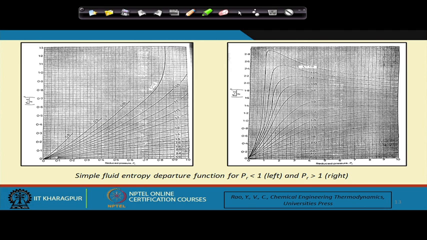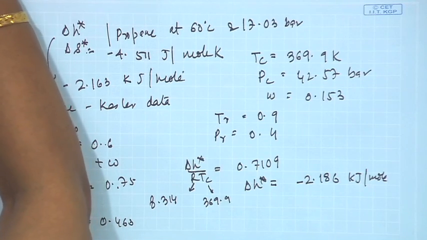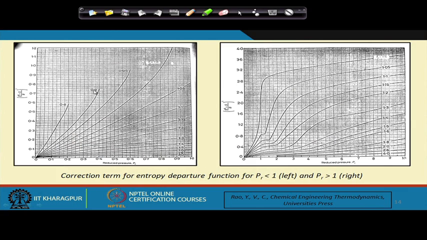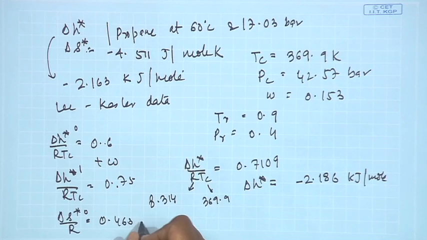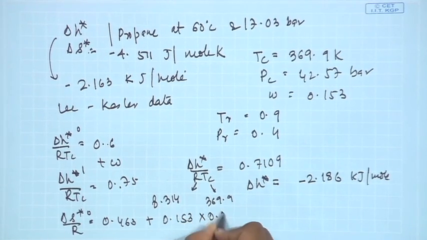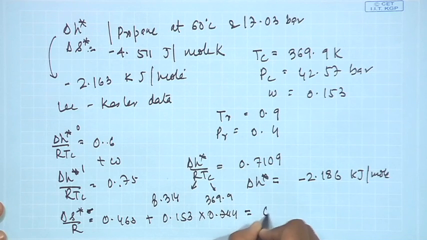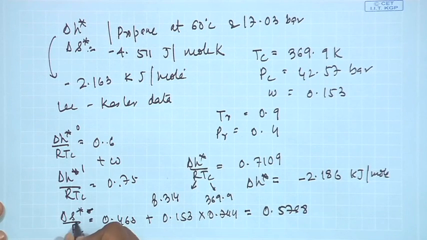So delta S star by R0 is 0.463, and if you are going to calculate delta S star 1, again from 0.4 to 0.9 it's about 0.744. So 0.463 plus 0.153 into 0.744 gives you delta S star by R, which is nothing but 0.5768.